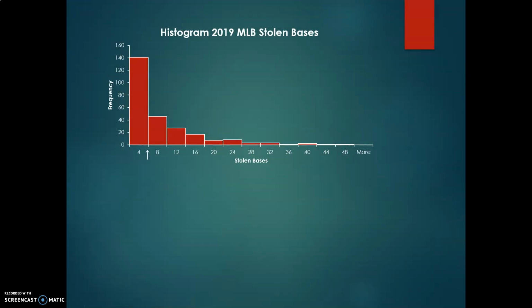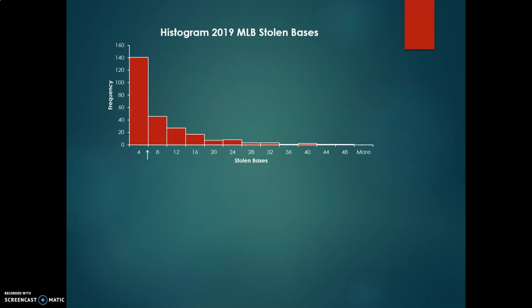So if we look at a histogram for the 2019 Major League Baseball stolen bases, which is one that we looked at earlier, you can see the median for this, which I marked with a little arrow, is at 4. Although half your data falls before that and half after that, the data after that has so much that is way above 8, which would be double that median.